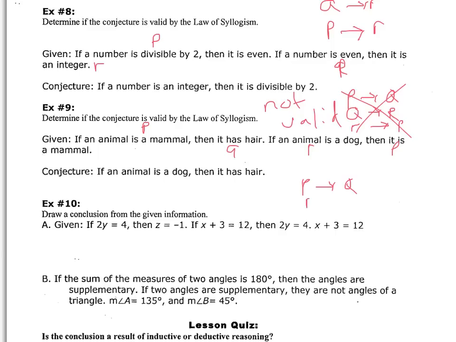And if an animal is a dog, then it is a mammal. Sounds good. So if you are a dog, then you have hair, and all of that is obviously true. So this is a valid statement.